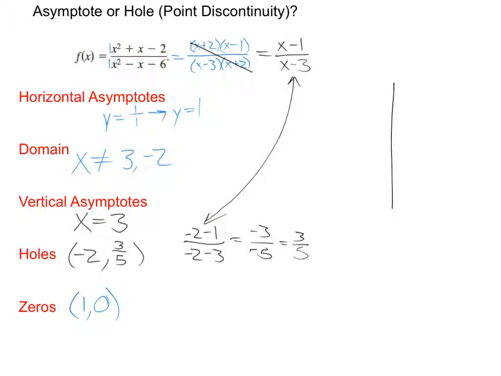So here, I have a zero at the point (1, 0). I have a hole at the point (negative 2, 3/5). I'm going to put that right there. I have a horizontal asymptote at y equals 1. And I have a vertical asymptote at x equals 3.